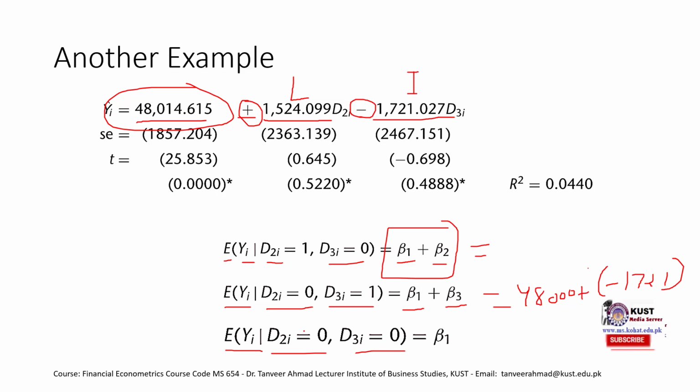That is another way of saying that the person is not from Lahore and nor from Islamabad. So the last category that we are left with is Karachi. So his salary would be equal to beta 1. So we expect that the salary of a public school teacher in Karachi would be 48,000.